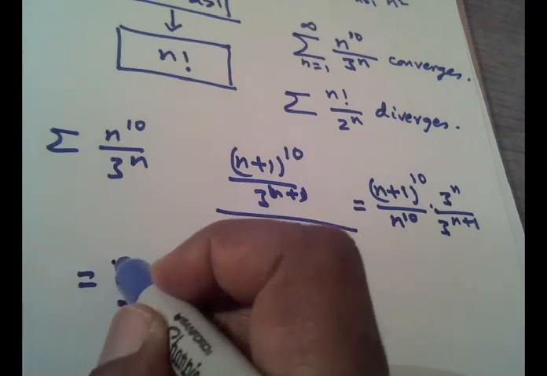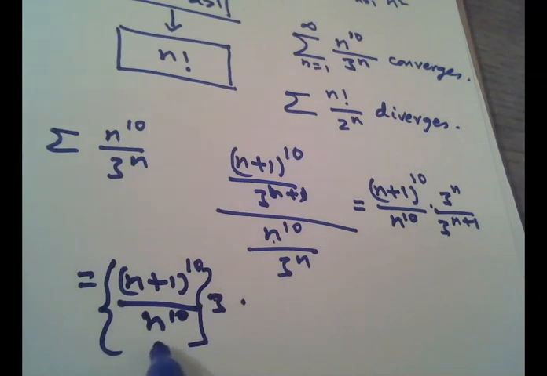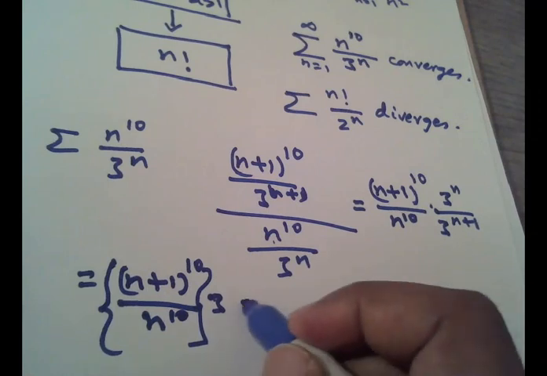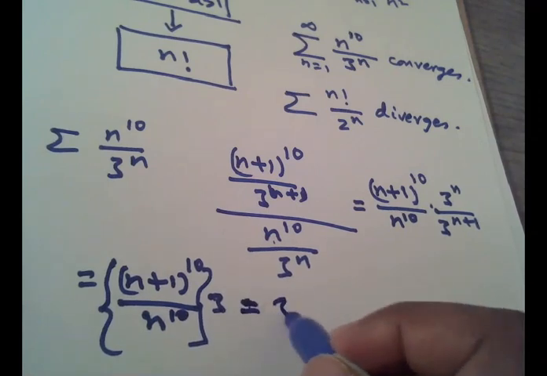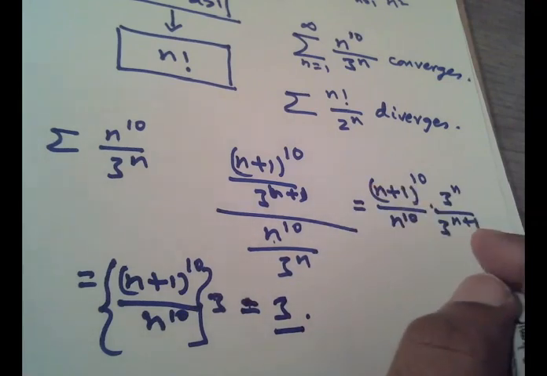So the limit of this first part, you could figure this out. Even intuitively you can see that as n gets larger, 1 is not very significant. So this becomes 1. So our limit of this ratio is going to be just 3. So since that is greater than 1, this is going to diverge.